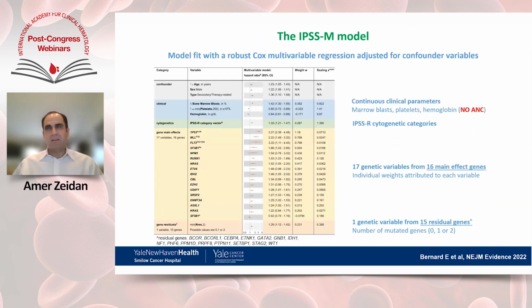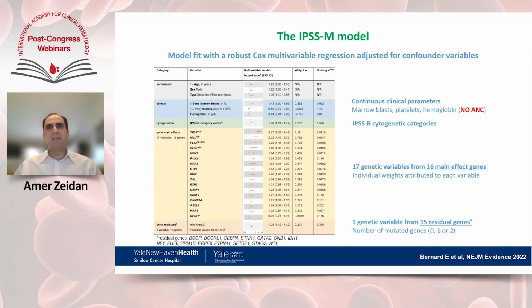However, I think one of the most important developments in 2022 was the approval, or not the approval, sorry, the introduction and the publication of the International Prognostic Scoring System, the molecular one, the IPSSM. And you can see the model fit here in this slide using Cox's multivariable regression model, which was adjusted for confounders.